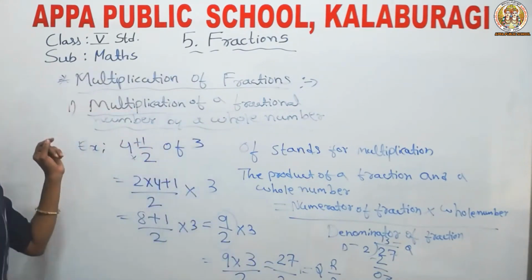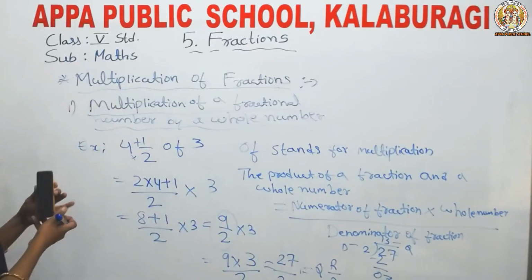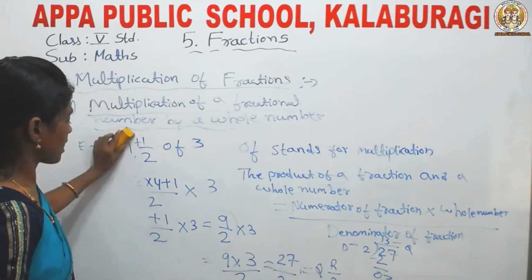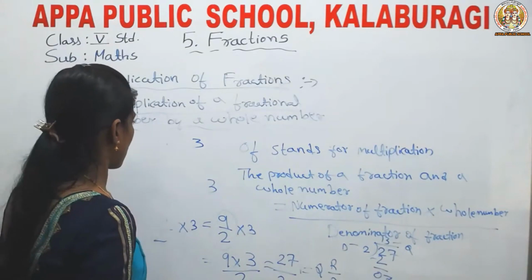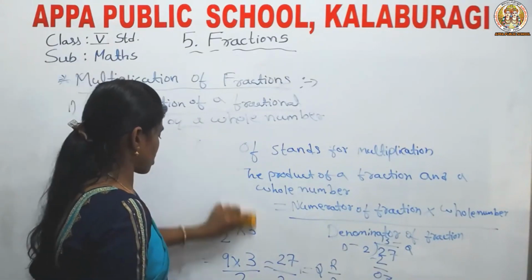This is multiplication of a fraction by a whole number. Next, multiplication of a fraction by a fraction.